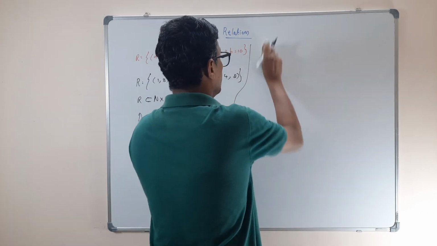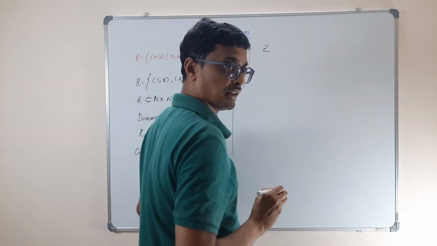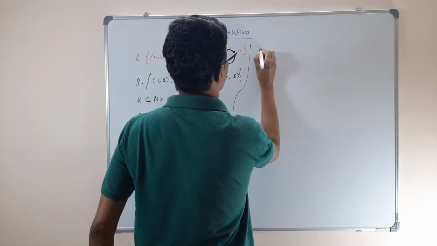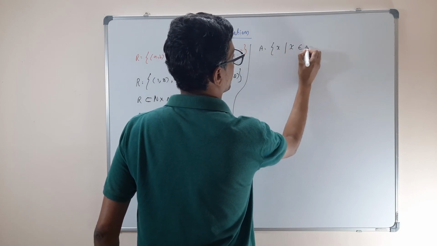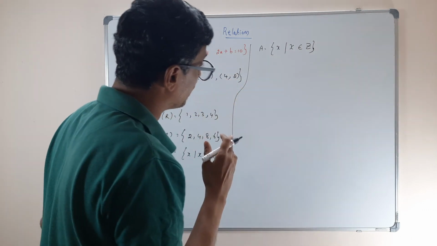Suppose I take the set of all integers, Z. I have my set A equal to x, where x is an element of integers. Now I am defining a relation.